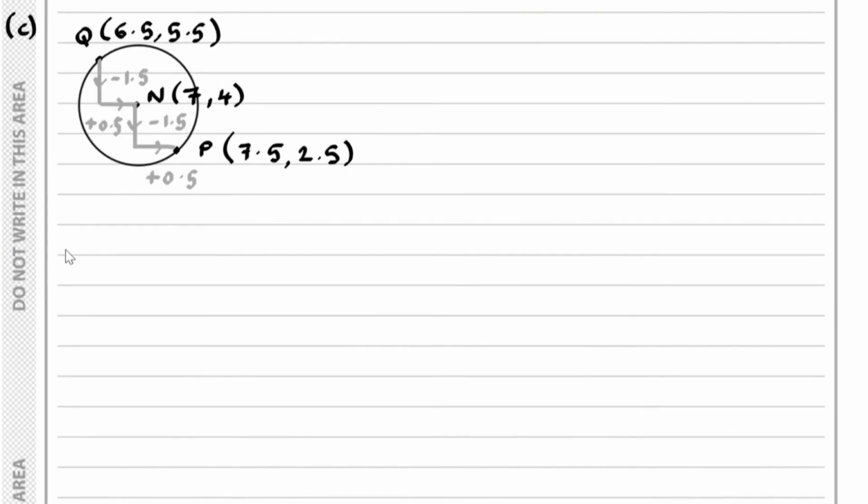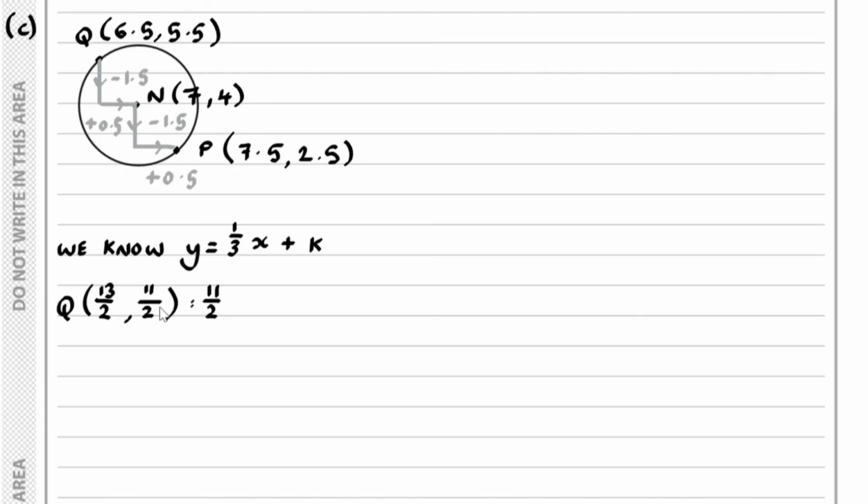So, we know y equals 1/3 x plus k. And so, if we use the point Q with coordinates 13 over 2 and 11 over 2, we've got 11 over 2 for the y.